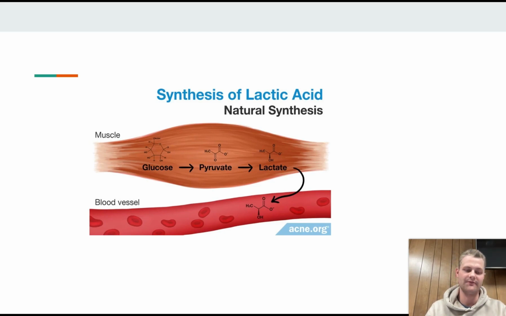We know that fast twitch muscles need quick energy, and they get that from glycolysis. When you use glycolysis, you use it anaerobically. Anaerobic glycolysis produces pyruvate, which leads to lactate as a product, which consequentially is lactic acid. That's produced, that'll be put in the blood vessels.